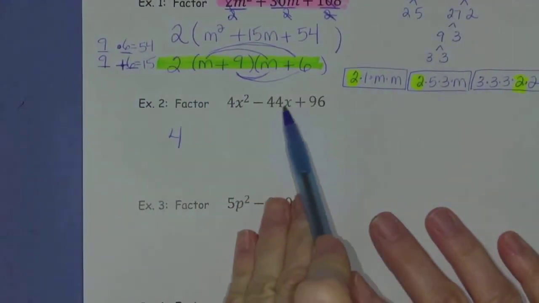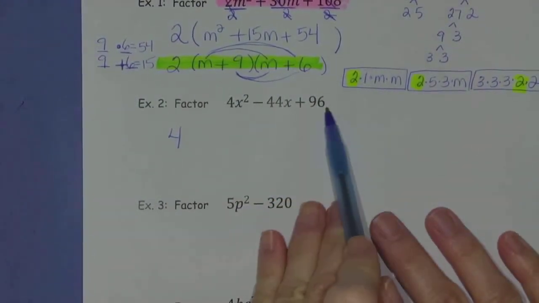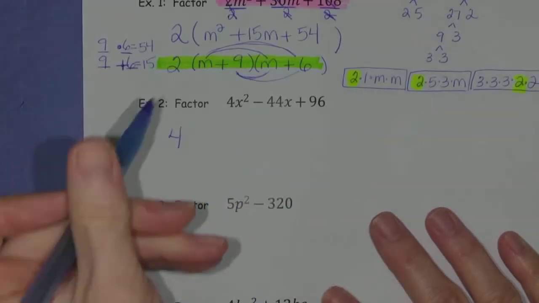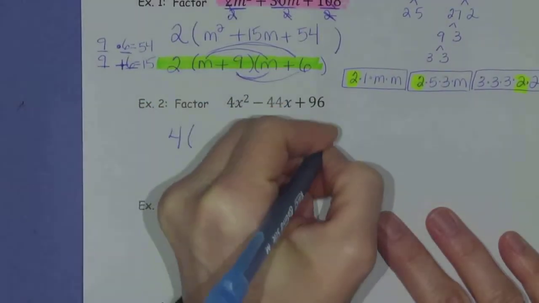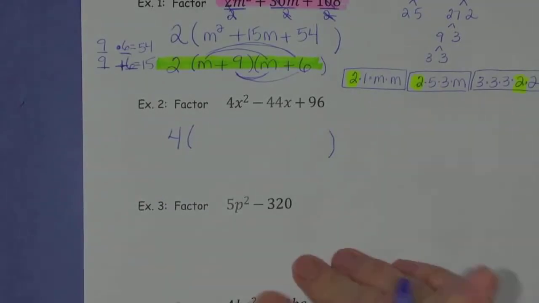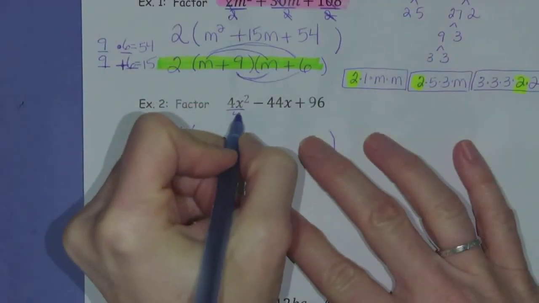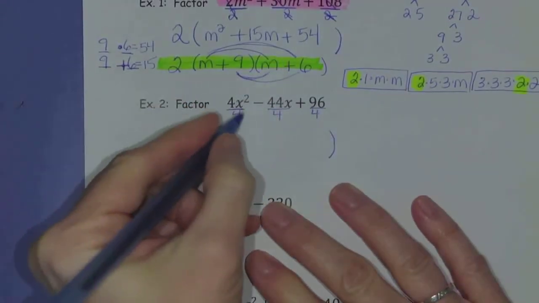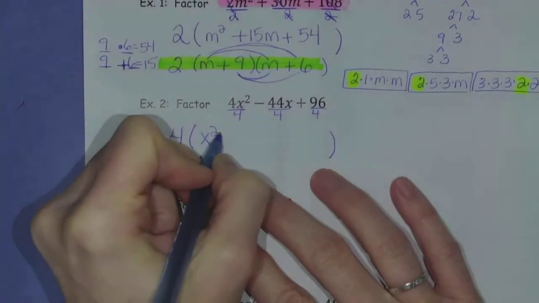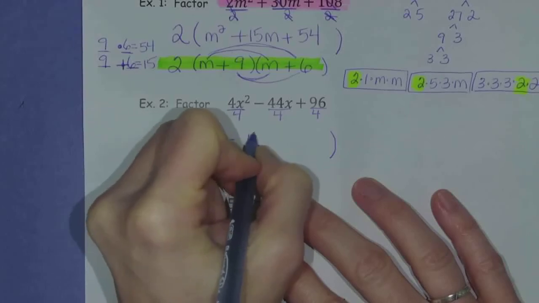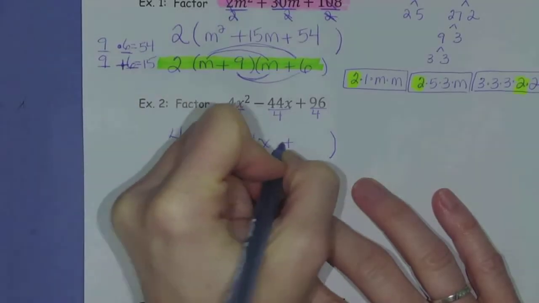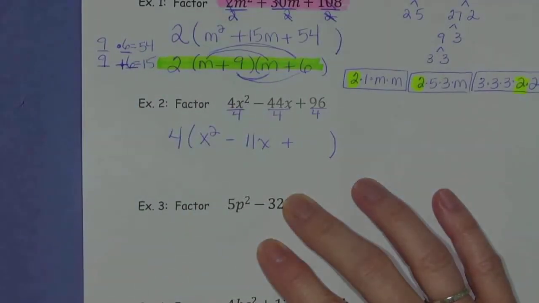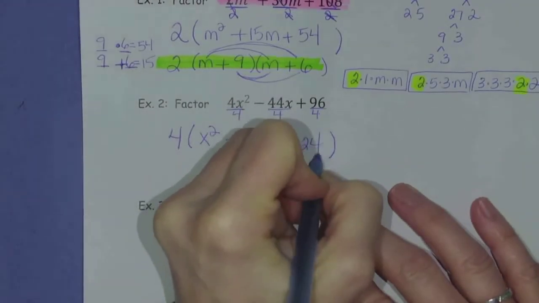And they don't have an x all in common because the 96 doesn't have any x's. So I can't include any variables in my GCF. Now let me divide each term by 4. And so that's going to give me x squared minus 11x plus, what's 96 divided by 4? 24.